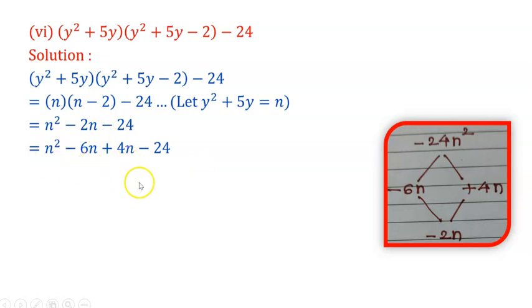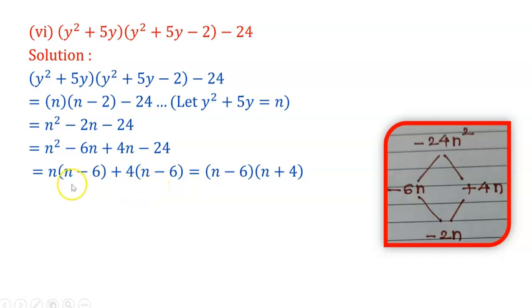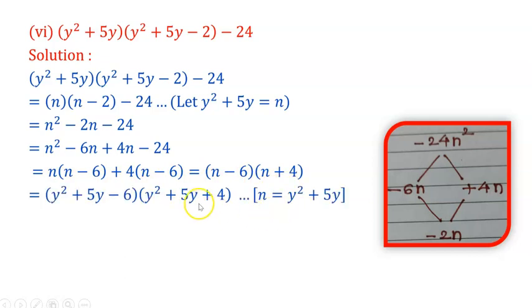Take the common from the first two: n is common, in the bracket n - 6. From these two, take 4 as common, in the bracket n - 6. Okay. Next, take n - 6 as common. Then the remaining terms, that is n + 4, in the next bracket. Now next, replace this n by y² + 5y.